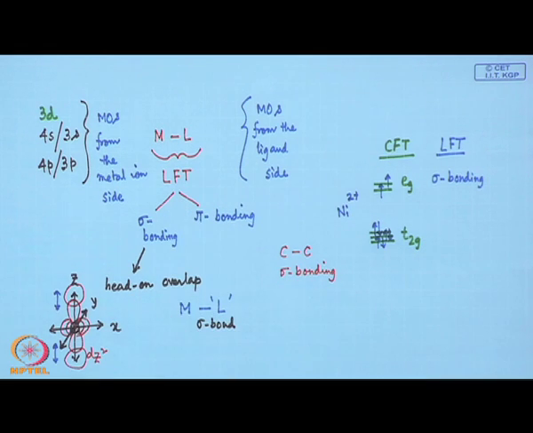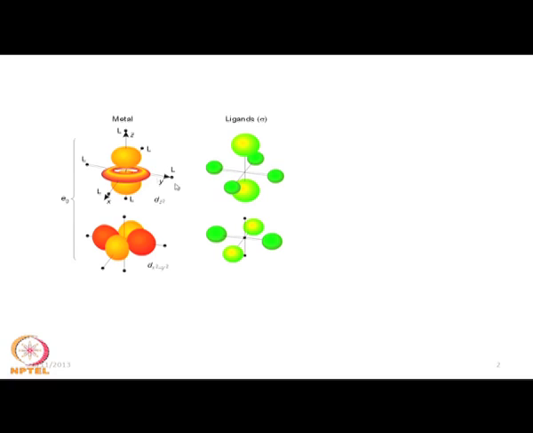We know the dz square and dx square minus y square orbitals have lobes along the z axis and lobes along the x and y axes, so we have electron distribution available along the axes. So, we have the corresponding ligand symmetry orbital, which will face these two as well as these four.